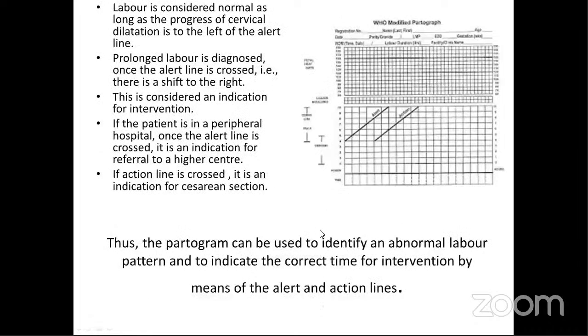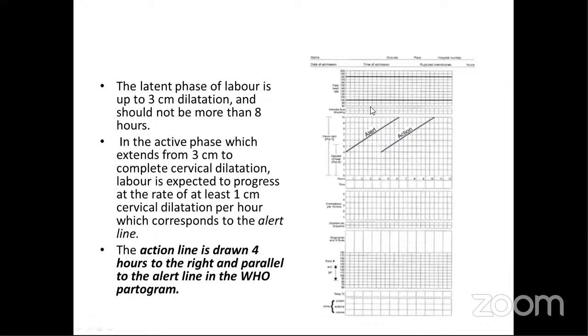So in the next picture, what you have to understand is here, apart from the cervical graph, the other things which are noted in the partogram are, of course, the patient's details, that is the name, gravida, parity, the date of admission, the timing of the admission, and the fetal heart rate, which is monitored in terms of the beats per minute.